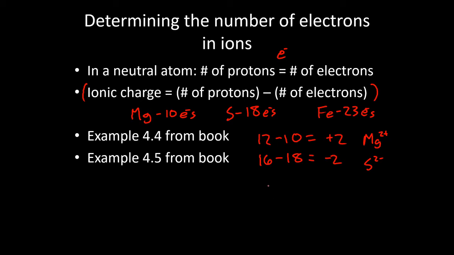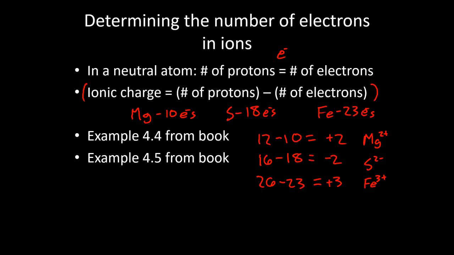And then the last one there is iron. Iron is element 26. So we have 26 minus 23, which gives us plus 3. And so there you go. Iron 3 plus. That is the ion that is created.